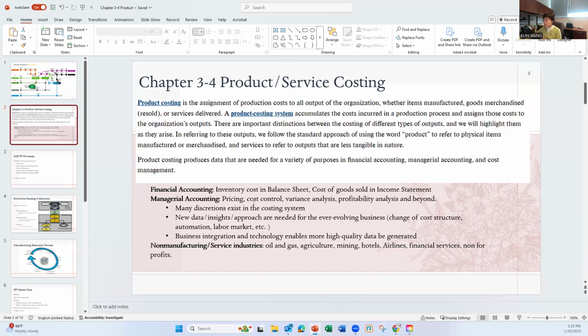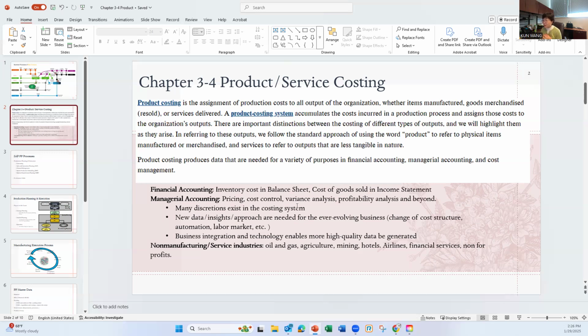Some of the observations: especially in managerial accounting, the data when we try to decide the material data or labor data, especially for overhead, there are lots of discretionary inputs. Not all of the data inputs are objective, right? You can't say, oh, I can make sure it's 100% accurate and reflecting the real inputs.